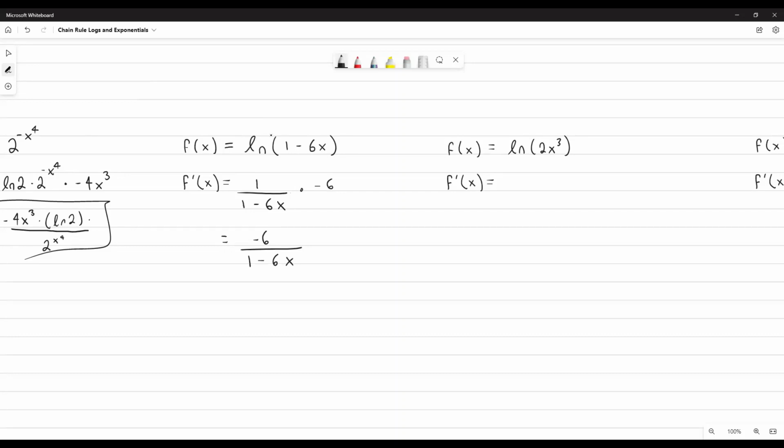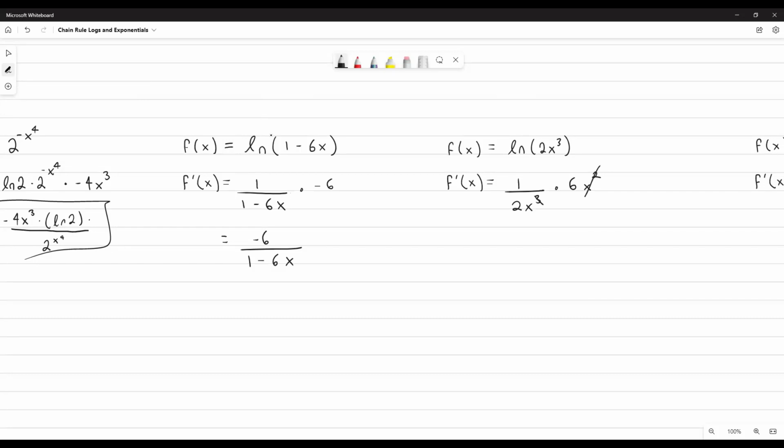All right, now the next one, same thing. 1 over the argument times the derivative of the argument. The derivative of this is 6x squared. You don't leave it like this, because you can do a bunch of canceling here, right? We've got an x squared with an x cubed, so that leaves a single x to the 1st on the bottom.